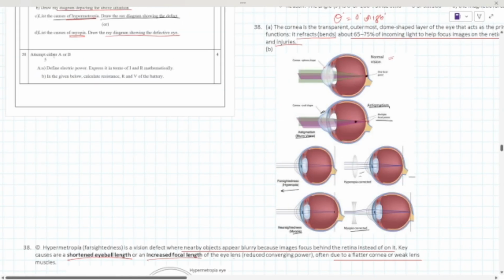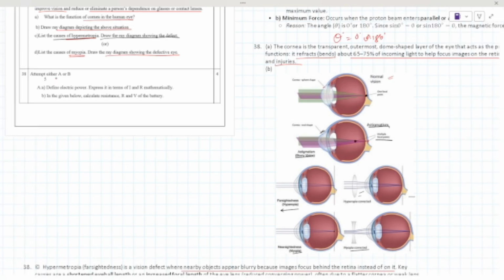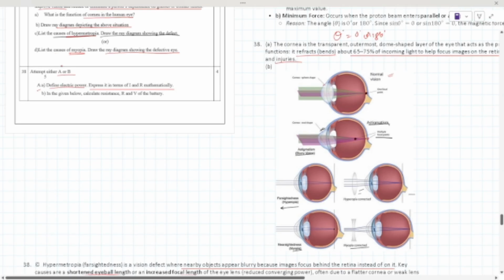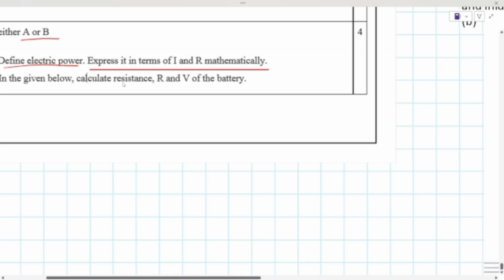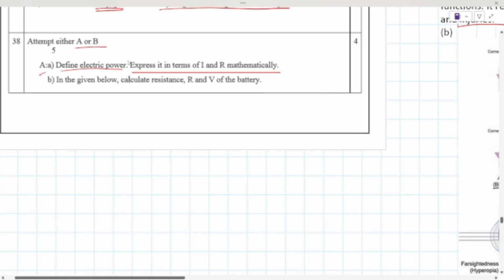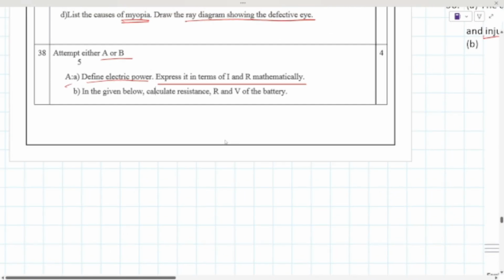Yes. Any doubt? Now the 38th attempt, A or B. Find electric power. Can you do it? Electric power.